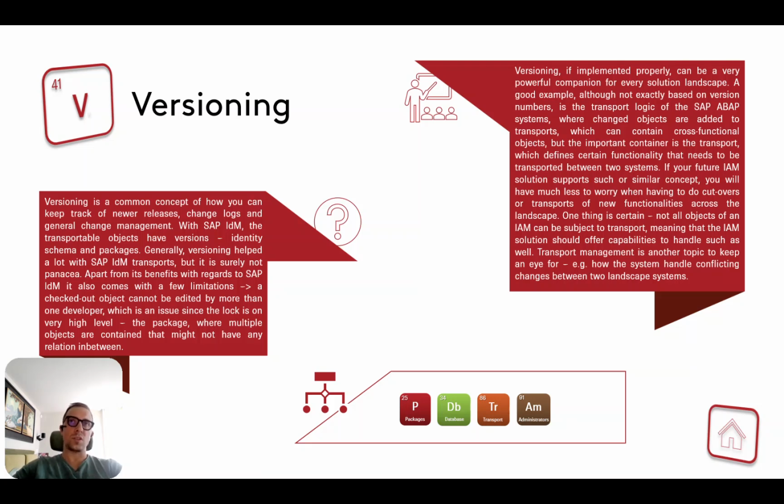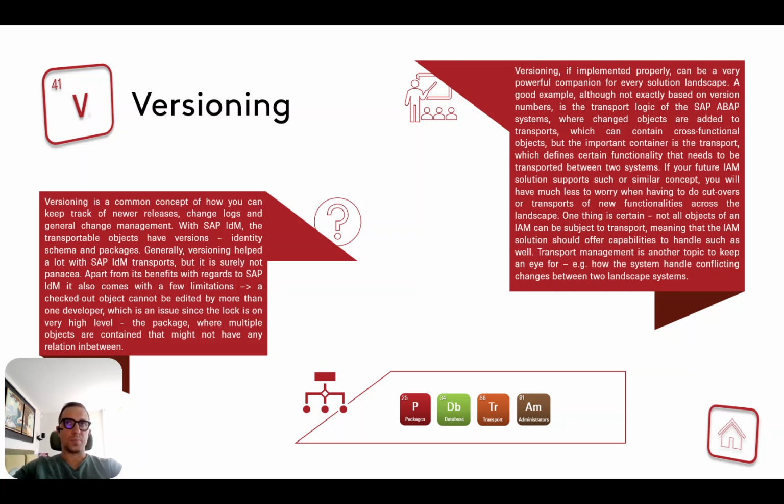If we match this approach to SAP IDM, we wouldn't be talking about transporting IDM schema and packages separately. Rather, changes made within many package objects and various schema attributes would go into one transport with proper track changes, conflict detection and resolution, and transport history.